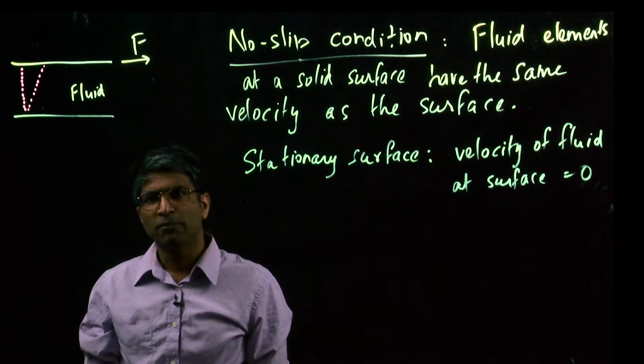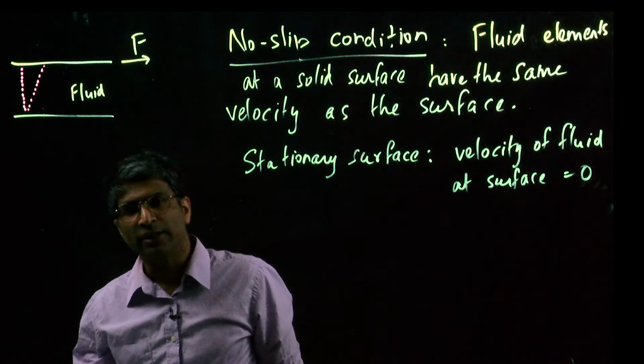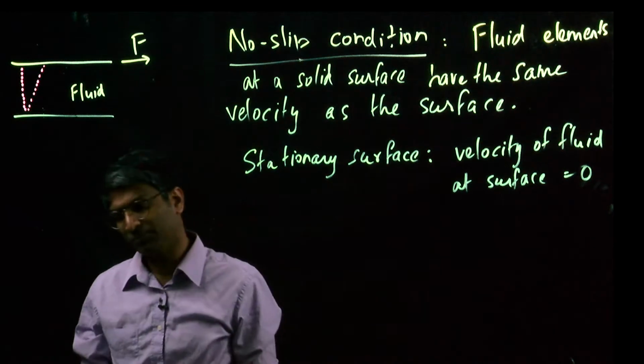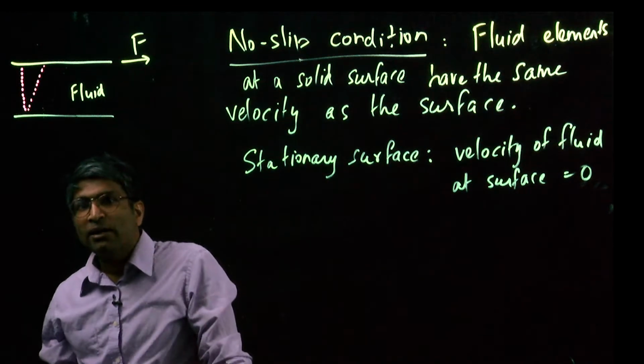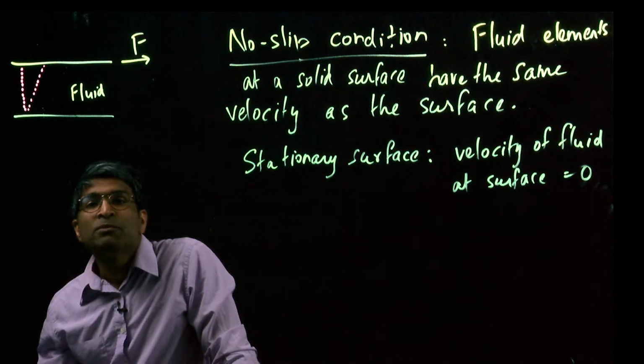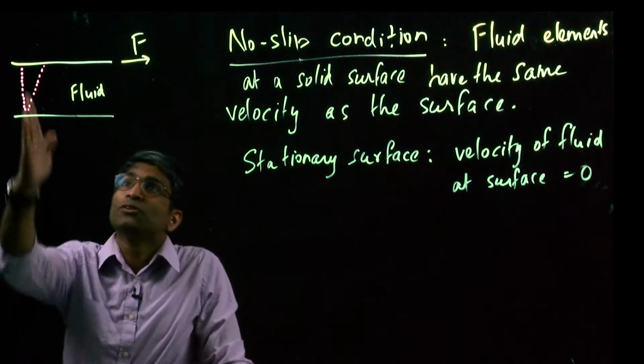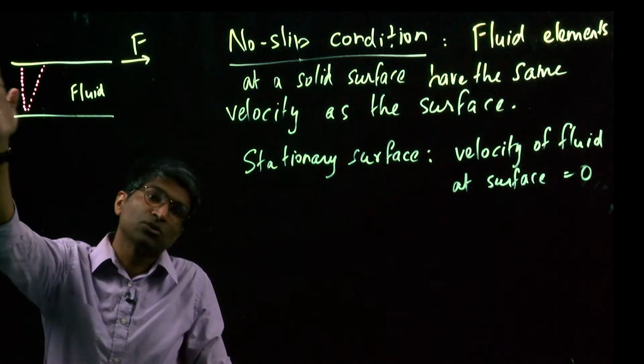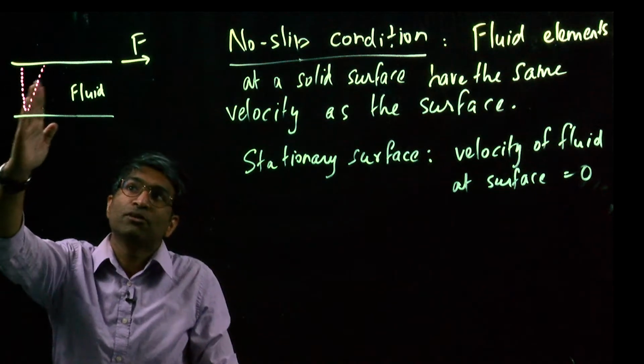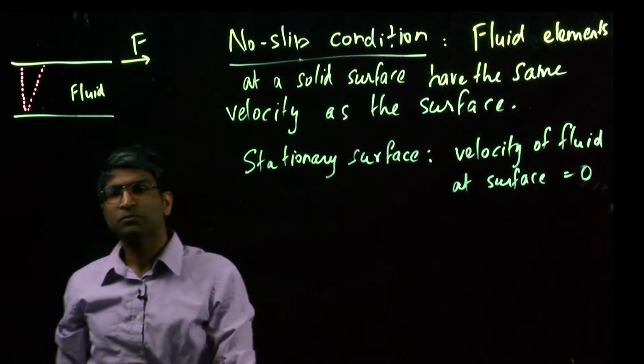So how do we define a deformation in a fluid? We can't. So what we can do is define a deformation rate. In other words, the rate at which that angle is changing. It's going to continuously change, but that rate will be constant.